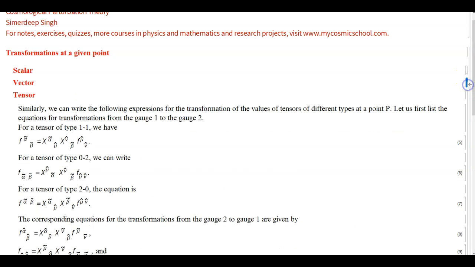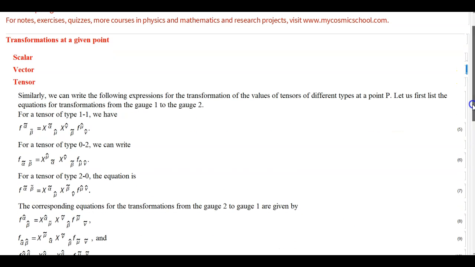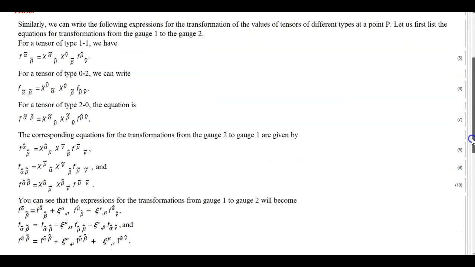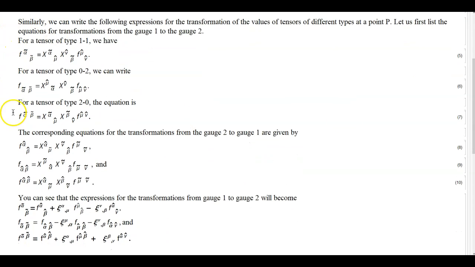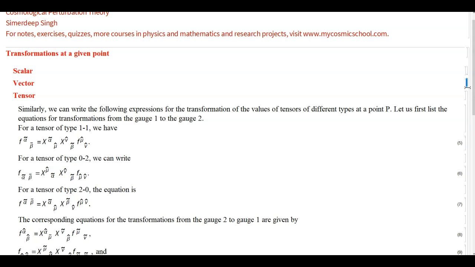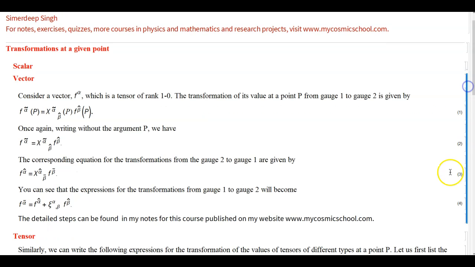And when the point is fixed in all gauges, we end up having these three expressions, and then they simplify to these three equations. The steps you can find on my website mycosmicschool.com.